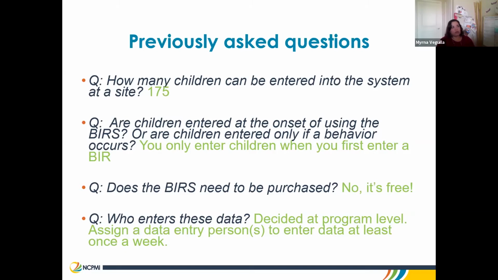When you look at the formulas and you're looking at disproportionality, it's not taking your data from how many children you entered in the child enrollment tab. It's taking it from what you entered in the program information tab. So that's why you're not entering all of your children into that child enrollment tab. You only enter the children as you put in the first BIR for that child.